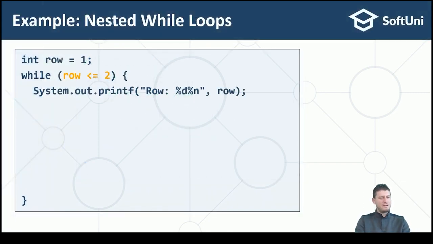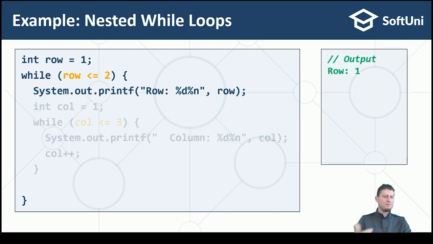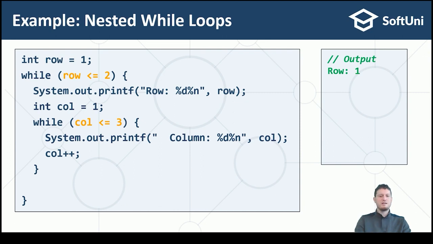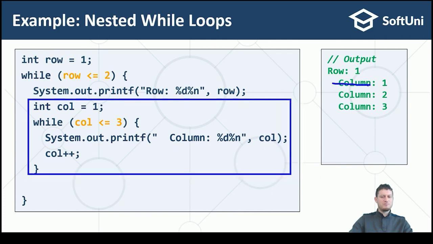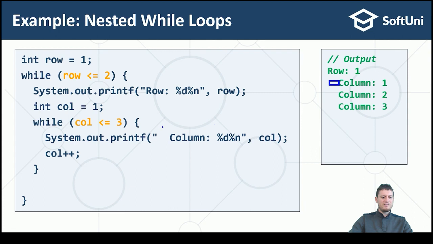Let's see an example. We want to print rows. We have the row number changing from 1 until 2, and we print it. Then we have a nested loop which changes the column from 1 to 3, and we print the column number. So for the first row, we have an inner loop which prints columns 1, 2, 3. Intentionally, we have a space here in order to visually demonstrate that this is inside the outer loop.